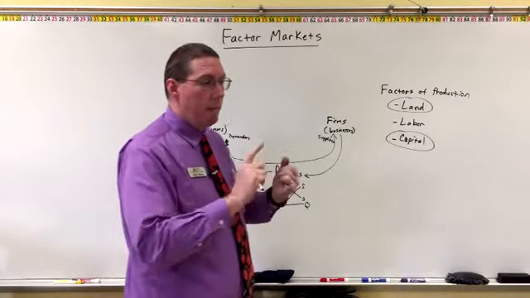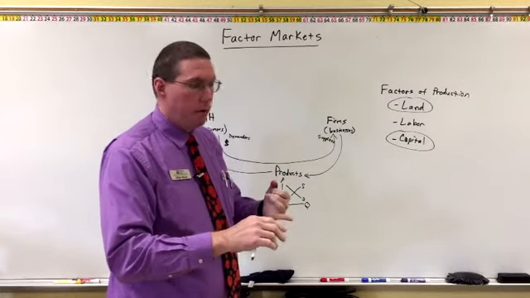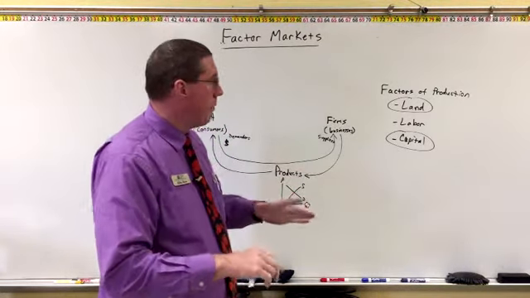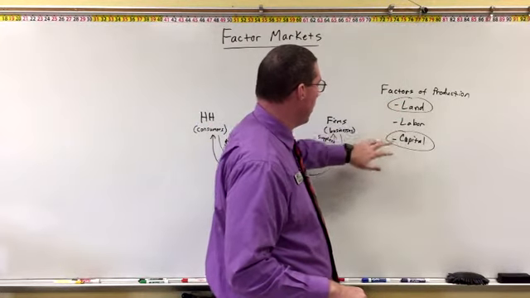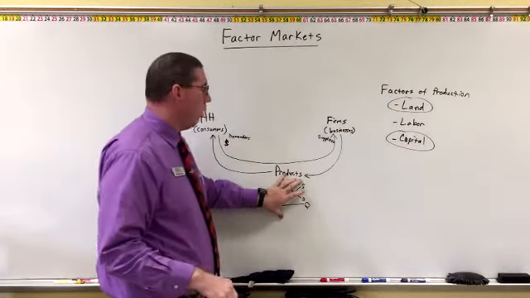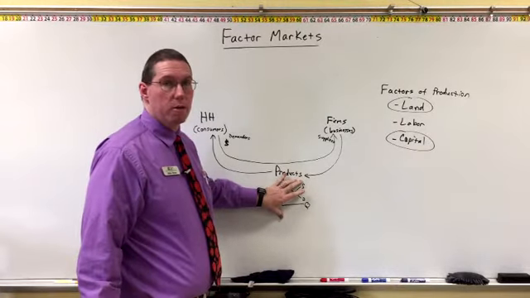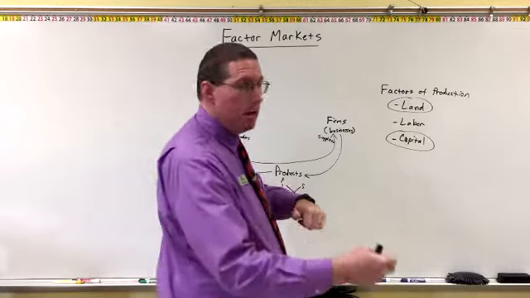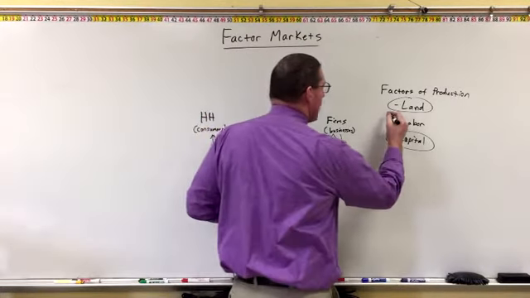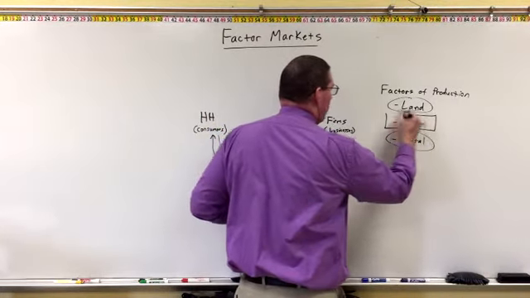If you go back to my modified circular flow diagram and the value chain, you'll remember that businesses typically get their factors of production of land and capital from what look like product markets. So what we're mostly going to talk about in this lesson and the next lesson is the factor of labor.